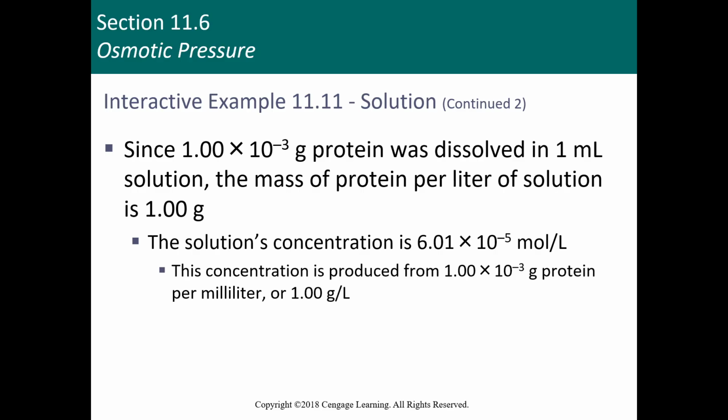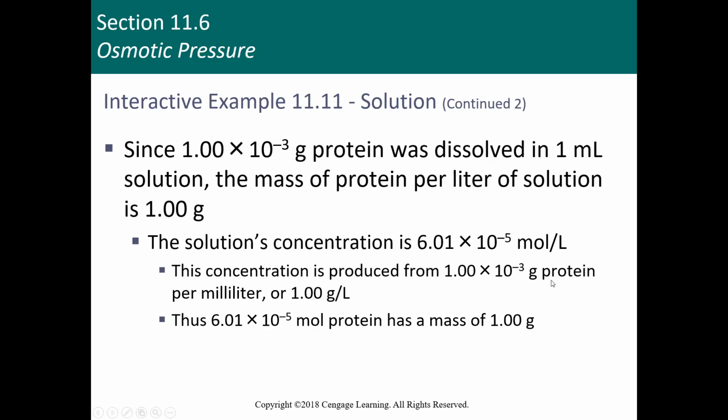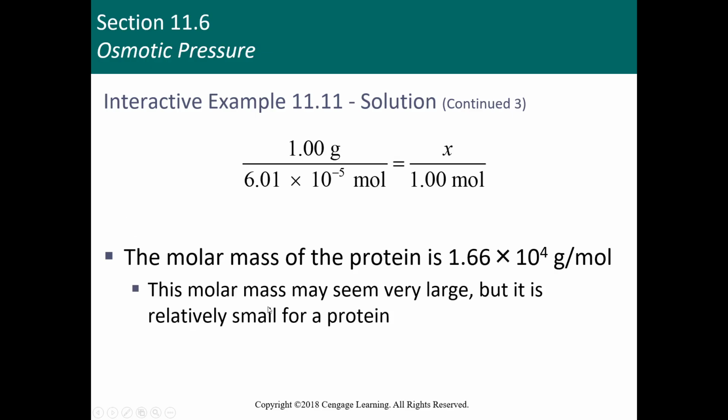And so we can then use these two concepts together that are both for 1 liter. There are 6.01 times 10 to the negative 5th moles of the protein in that liter, and in that same liter there's a mass of 1 gram. And so to get our grams per mole, we'll take our mass of our grams right here, we'll divide it by our moles of our protein, and that will give us our grams per mole, which is a molar mass.